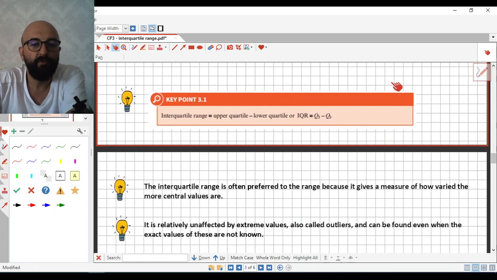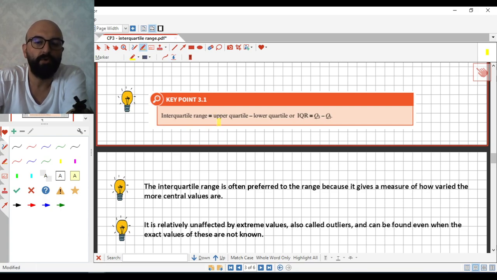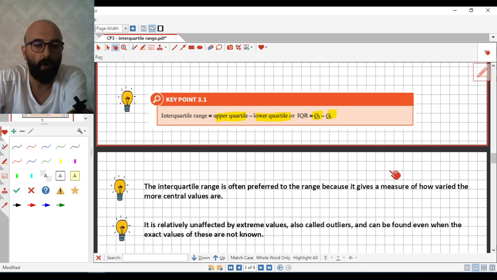If you want the interquartile range, you should take the upper quartile minus the lower quartile, so Q3 minus Q1.